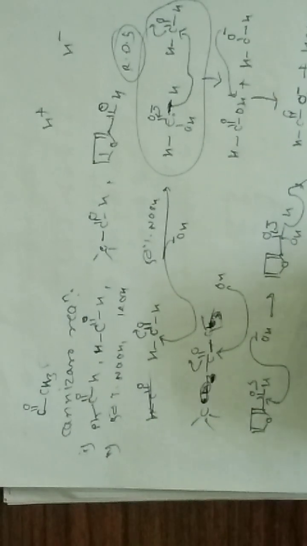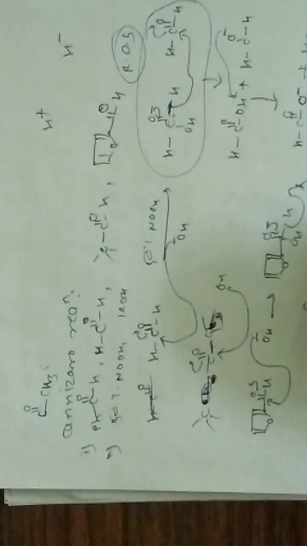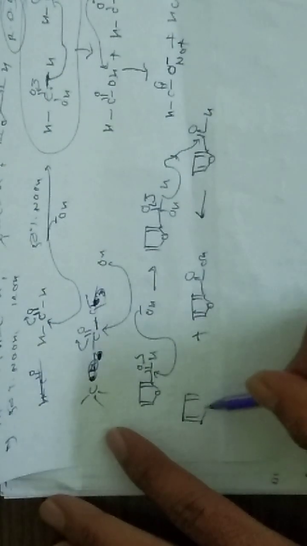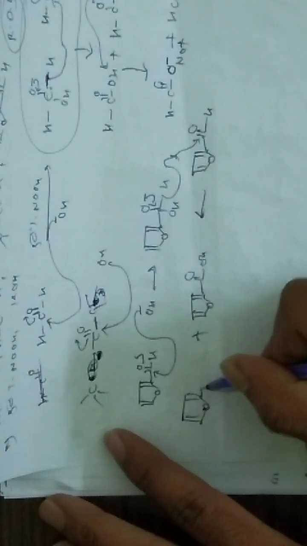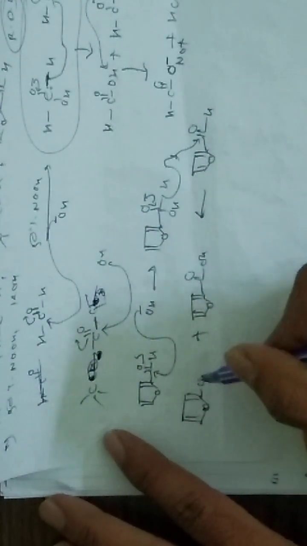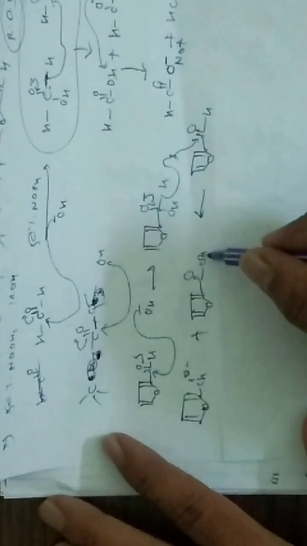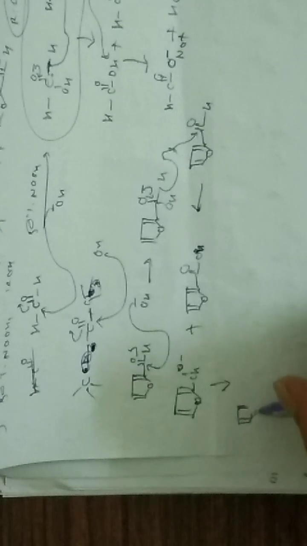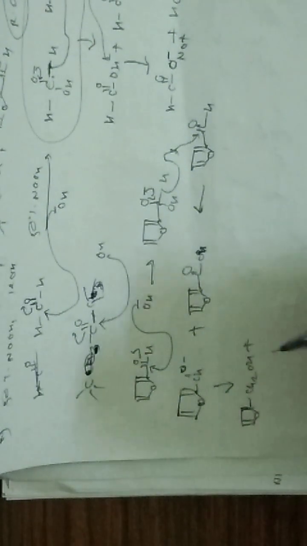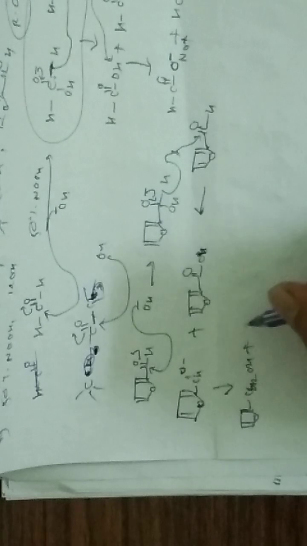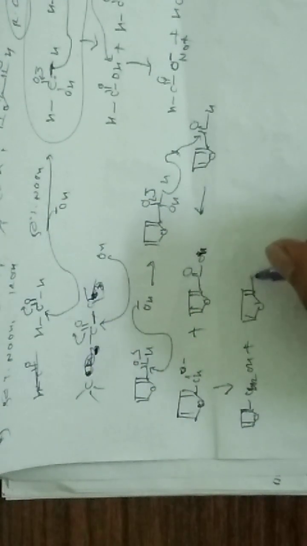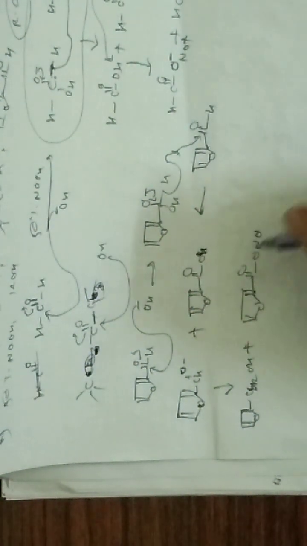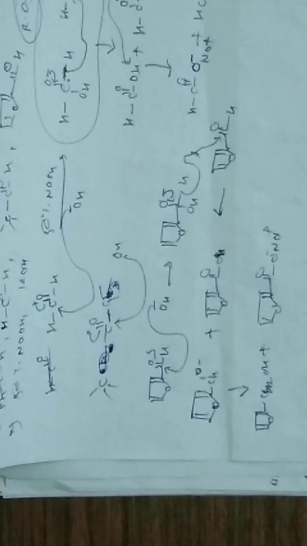The product takes the acidic proton from the acid, and the final product is CH2OH, whose name is furfuryl alcohol, along with the O minus Na plus salt. These two examples are of self Cannizzaro reaction.